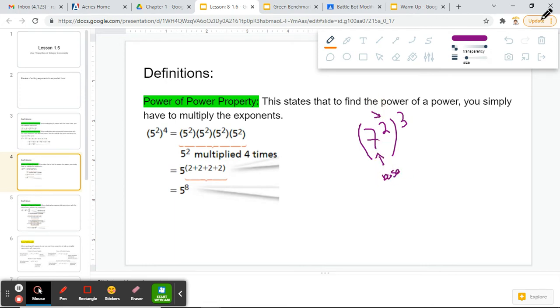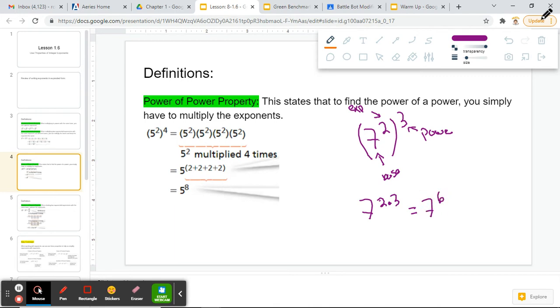This is our power or our exponent. And then we are again raising that to another power. So it involves a number with an exponent being raised to another exponent. So what we have to do here is multiply the two exponents together. So this would become 7 to the 2 times 3, which is equal to 7 to the 6th.